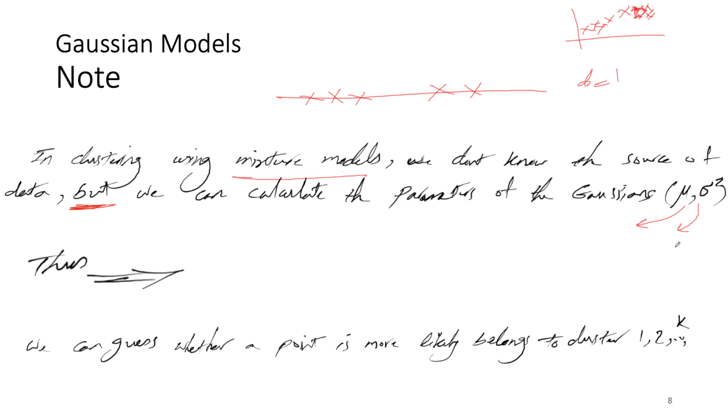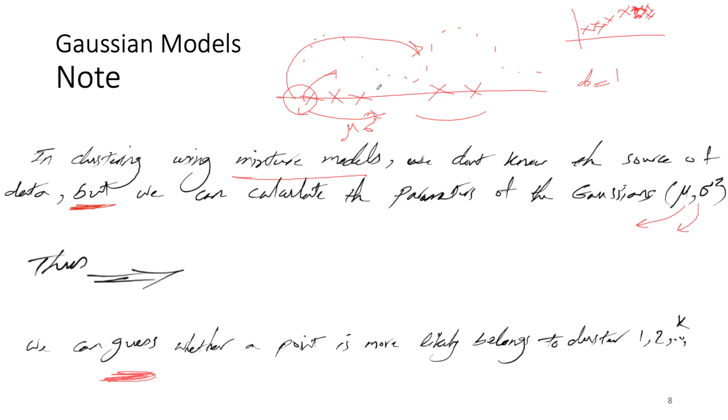So when you compute the parameters of a Gaussian model, then using these parameters that you compute, you can guess whether a point more likely belongs to each cluster. So say you define two random clusters like this, then you compute the variance and mean, or covariance and mean, and then using this you can guess whether a point belongs to this cluster or the other one, right? Because they have to match.